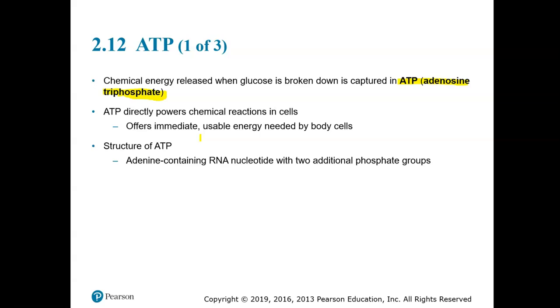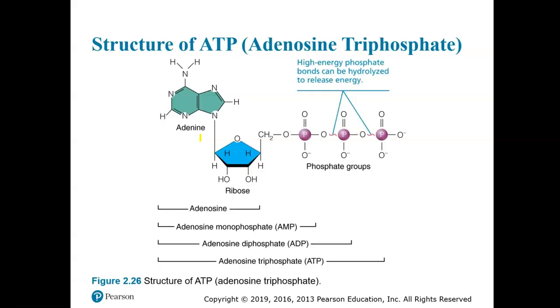ATP contains adenine and 3 phosphate groups. So here's what it would look like. It would be adenine attached to a ribose sugar, attached to 1, 2, 3 phosphate groups. That's what makes it triphosphate.